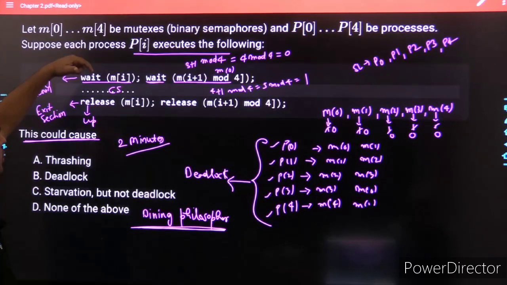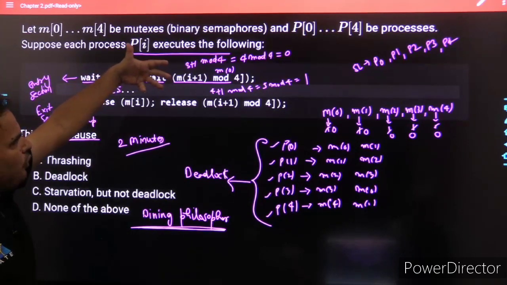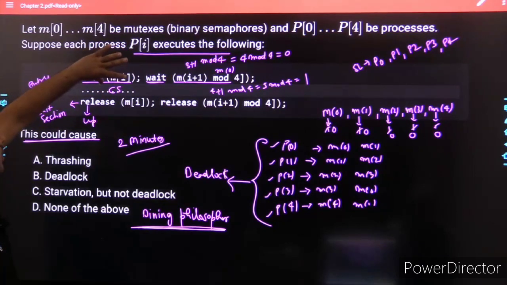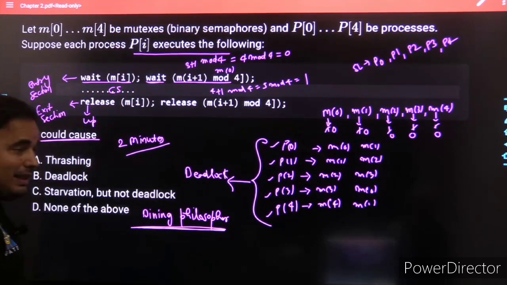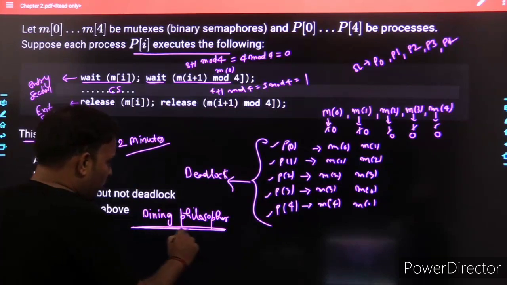Understand clearly? Suppose philosopher P0 comes, so on F0 it needs to take the left fork, meaning the ith fork, then the (i plus 1)th fork, and perform the wait operation on this. I hope you understand clearly. This is the Dining Philosopher problem.